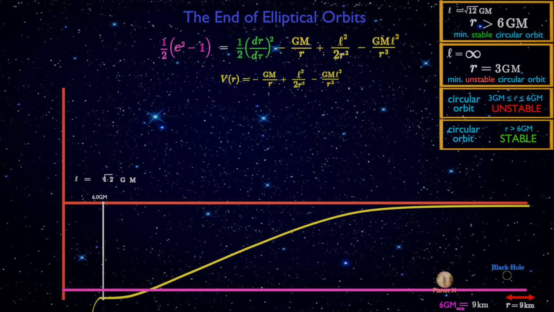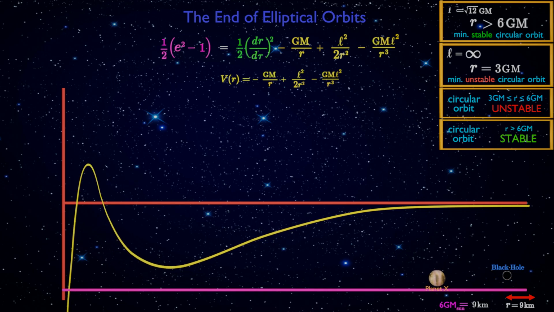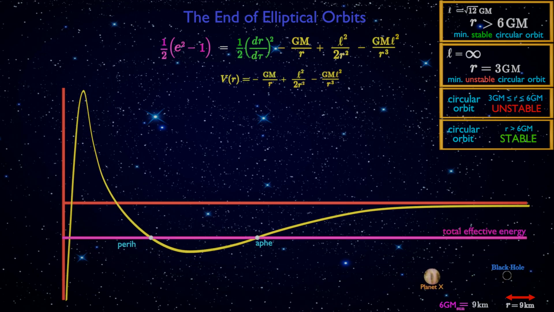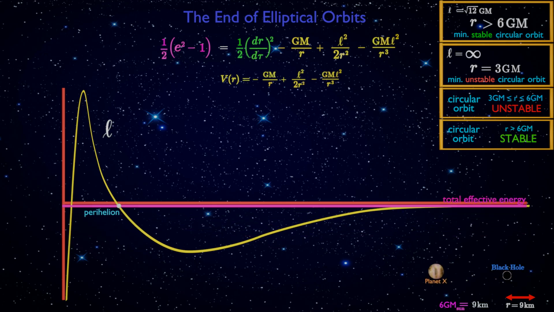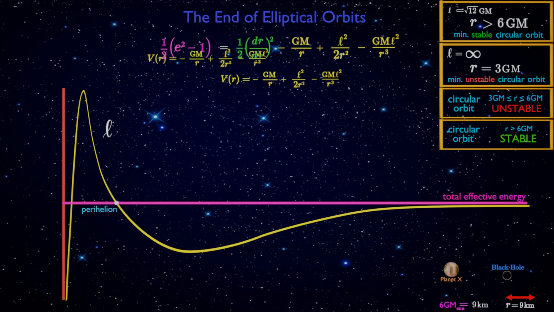Now let's turn our attention back to elliptical orbits. For any given angular momentum value, the smallest possible perihelion occurs up near V of r equals 0, where it crosses the axis. To find this point, we set V of r to 0 and solve for r.